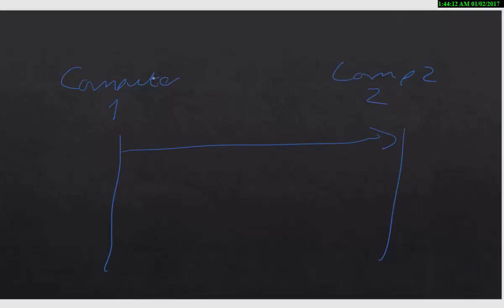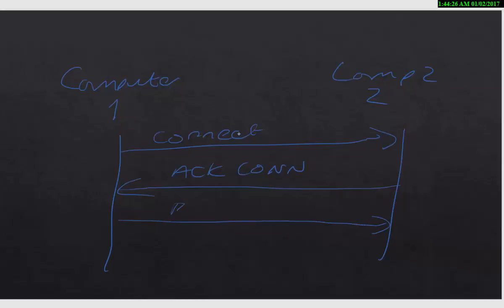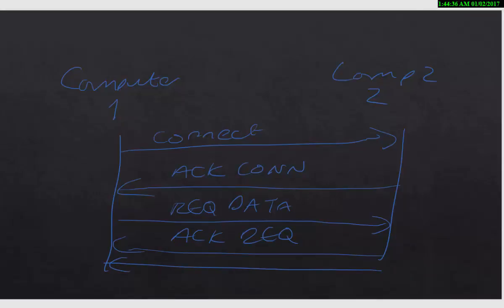If it was a computer, so computer 1, comp 2, it might be that they send connect, and then this one might say, yep, I acknowledge your connect, and then this one might say request data, and this one might say ack request, things like that, and then it might send the actual data.